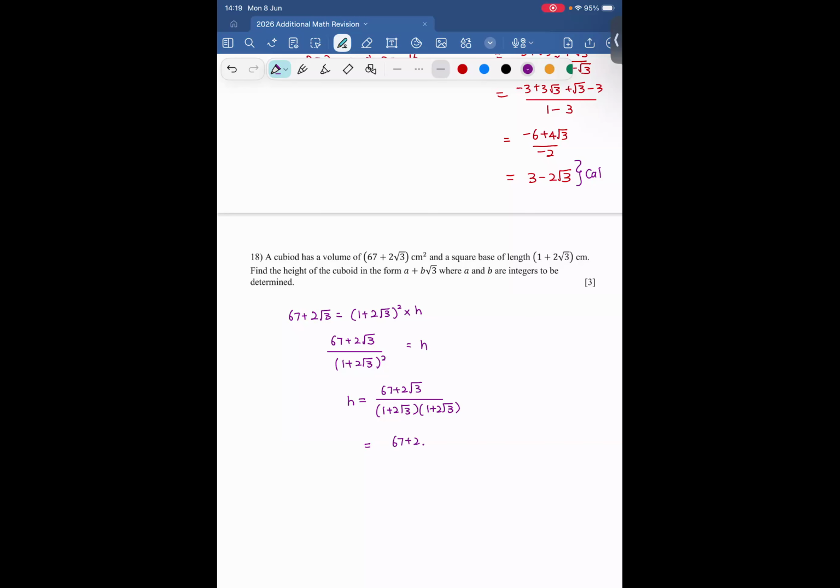Okay, expanding the denominator should give you this.